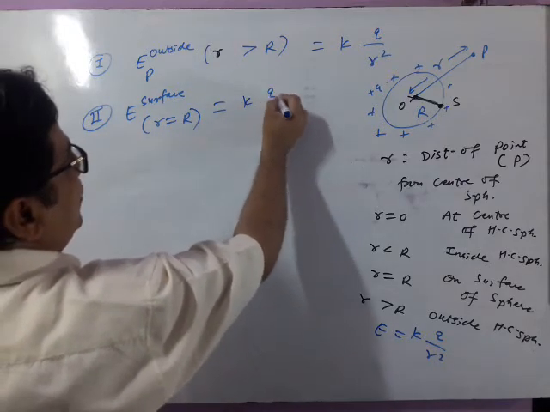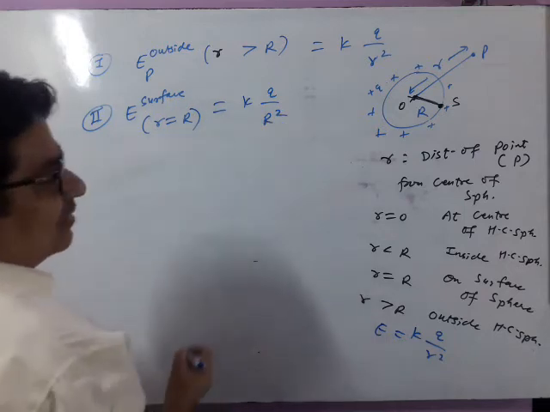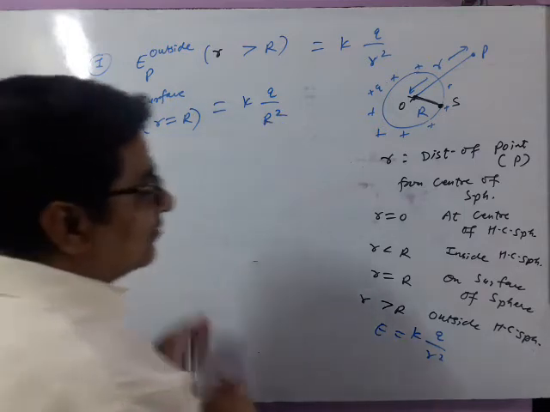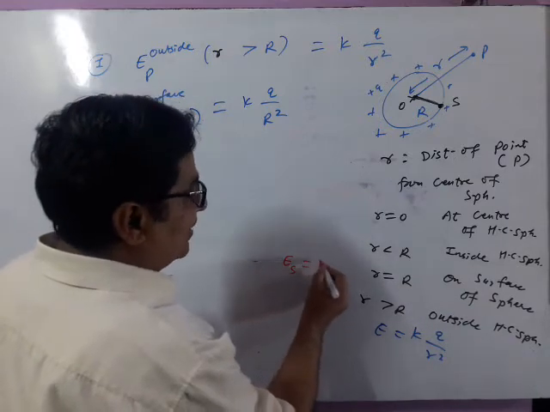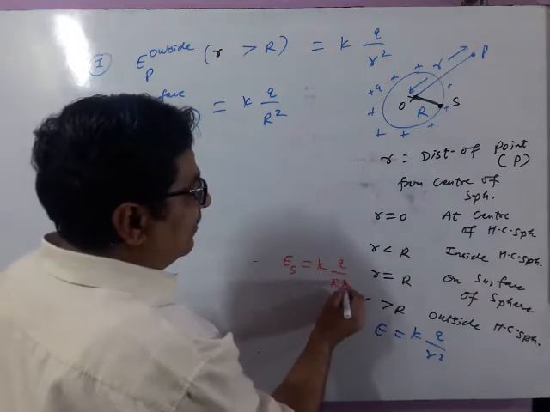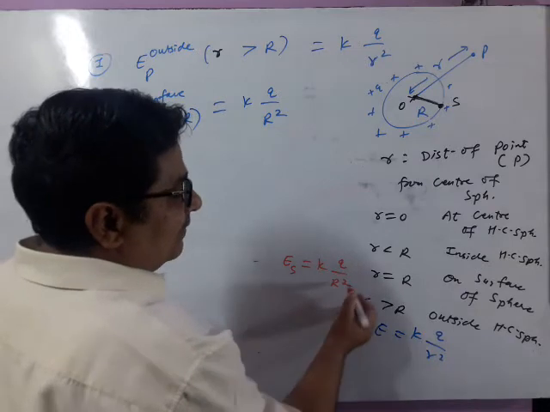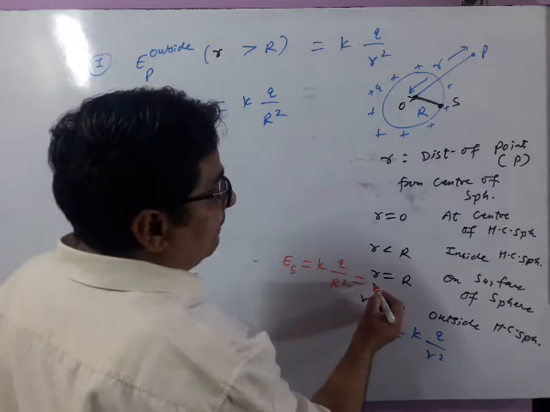It was kq by capital R square. So on the surface, the electric field is kq by capital R square. You see, it will be maxima.